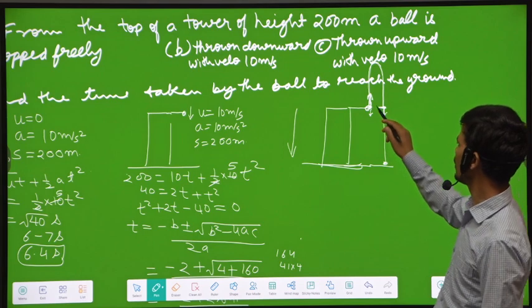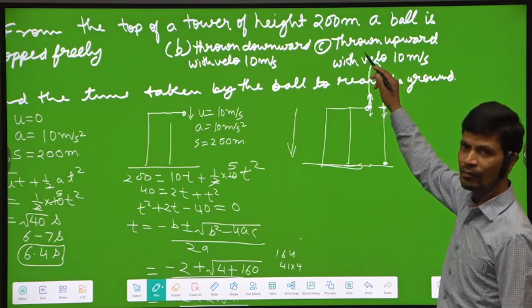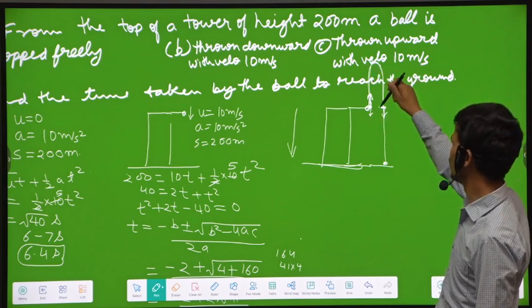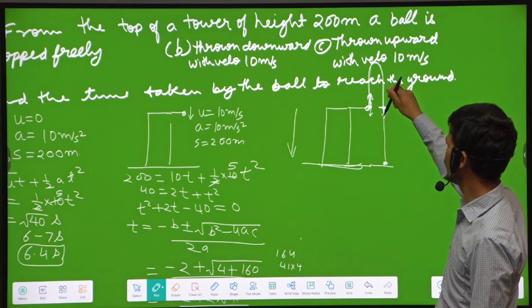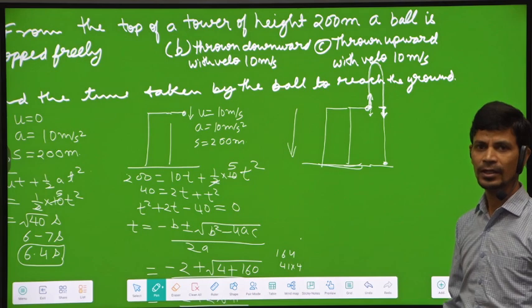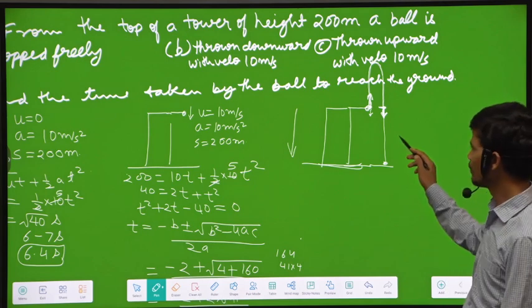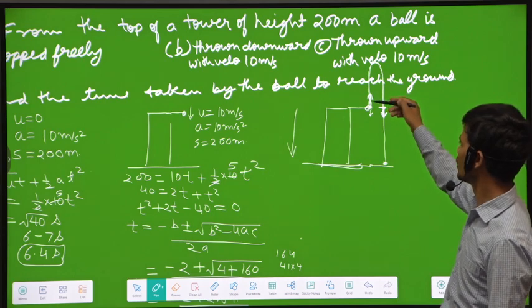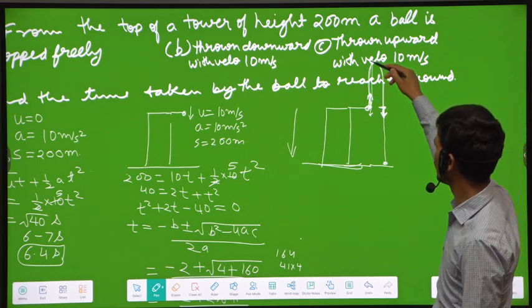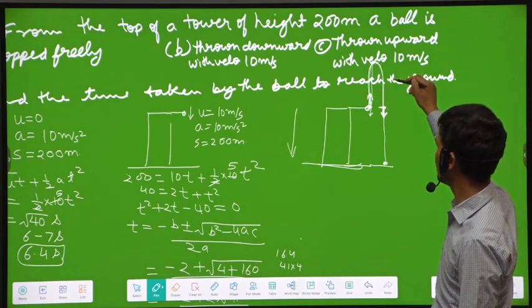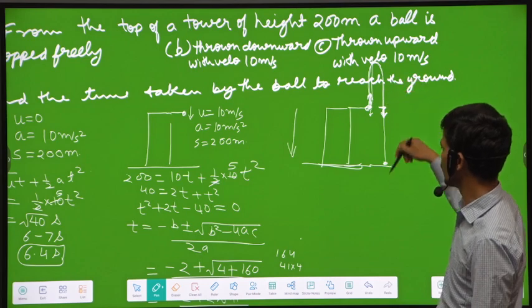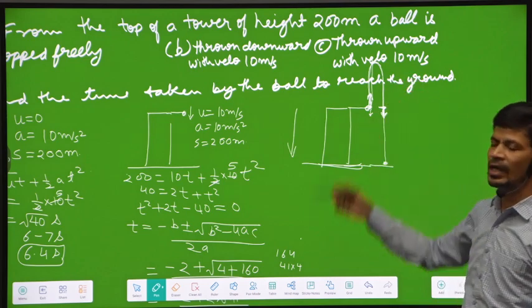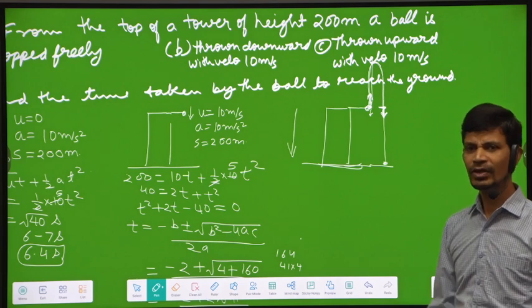So we can solve it for upward motion, double the time, then solve it for downward motion, and add them, and we will get the answer.